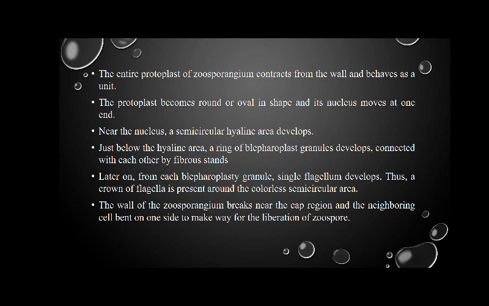And near the nucleus, a semicircular colorless hyaline portion develops, and just below the hyaline area, a ring of blepharoplast granules develops. And from each blepharoplast granule, a single flagellum develops. Thus, a crown of flagella is present around the colorless semicircular area, and the wall of the zoosporangium breaks near the cap region, and the neighboring cell bends on one side to make way for liberation of the zoospore.